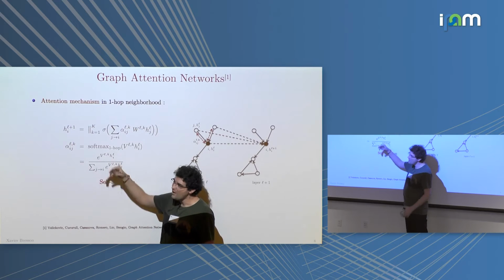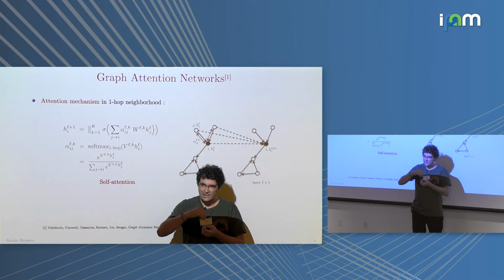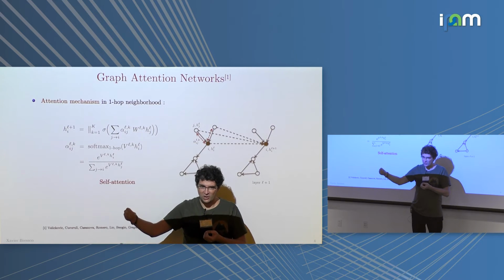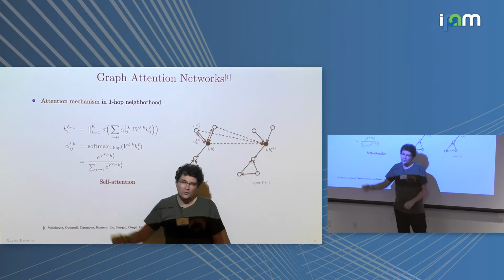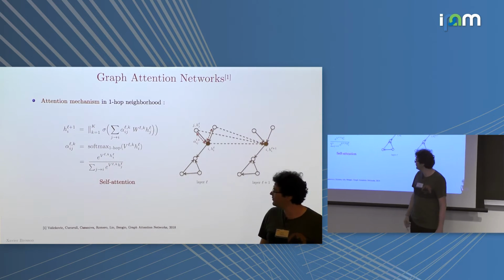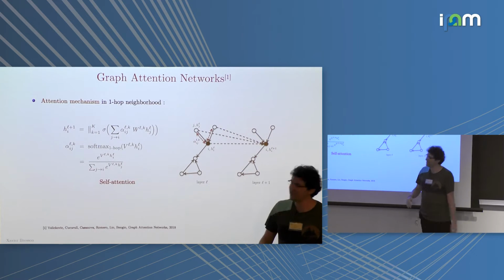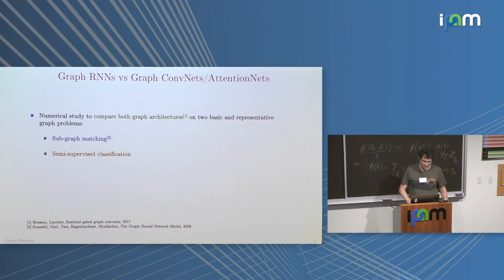The idea is we are not interested in the connection between vertex I and all other vertices J. We are just interested in a few of them. So we use softmax, with the exponential you're just going to focus on one or two neighbors. But basically, it is the same idea. It is just very popular now, so I'm making the connection.